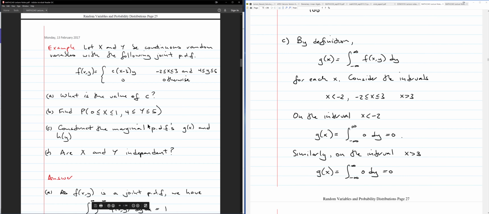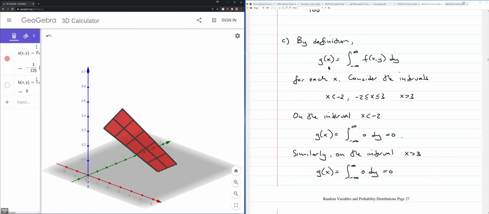The next part of our question is to work out the marginal PDFs. The marginal PDF for random variable x, how you get it is you integrate your joint PDF with respect to y over all the y values. So let's look at this and consider what happens for different values of x.